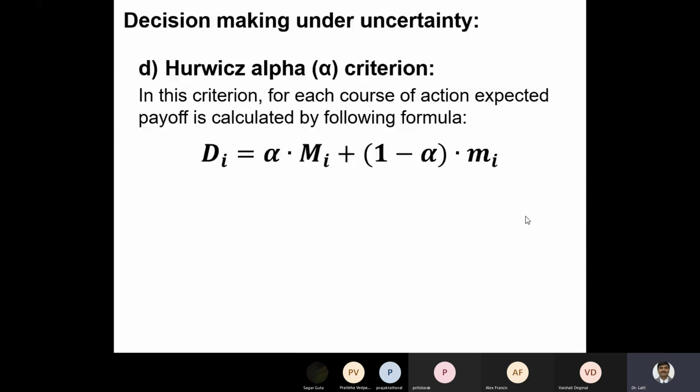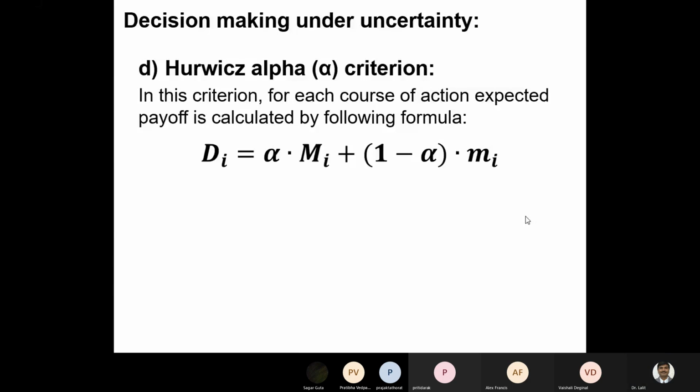See, 50 is the minimum and 100 is the maximum, so obviously the payoff would be somewhere between 100 and 50. Now the question arises: how to estimate the payoff if the person is neither 100% optimistic nor 100% pessimistic?